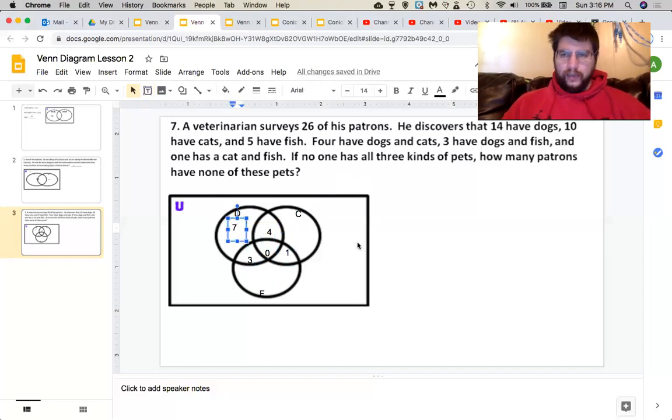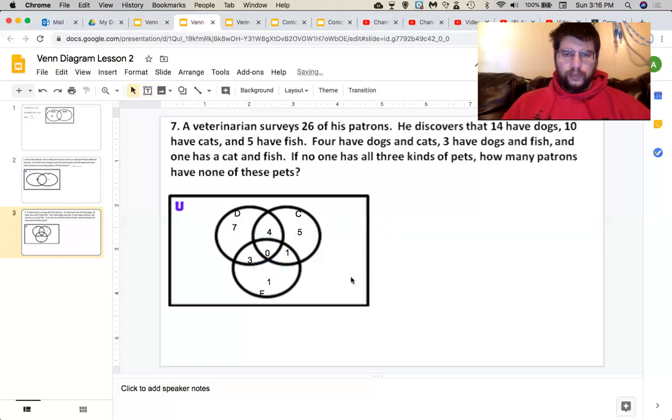For cats, I have 10. There's 5 there, so there's 5 here. And 5 have fish. There's 4 here, so there's 1 that only has a fish. Okay, so now that I have all these numbers, these are each individual sections. So this weird Pac-Man, Batman kind of shape here is 7. This is 5.